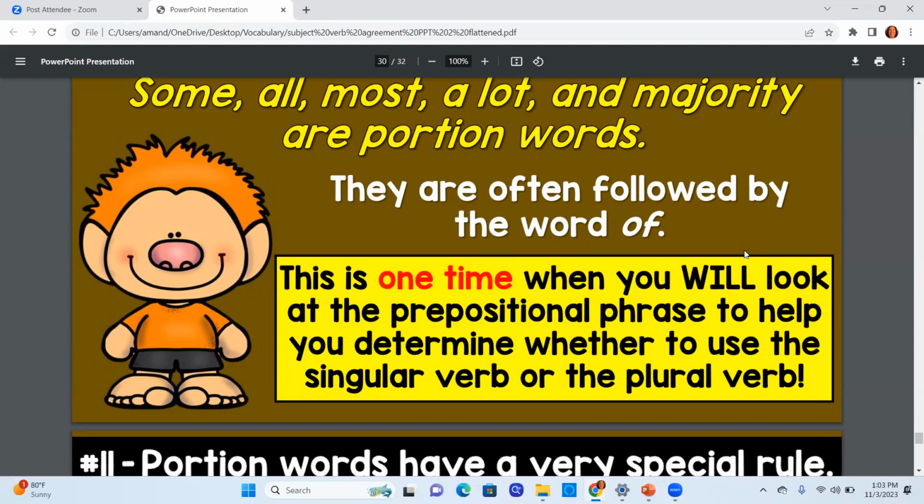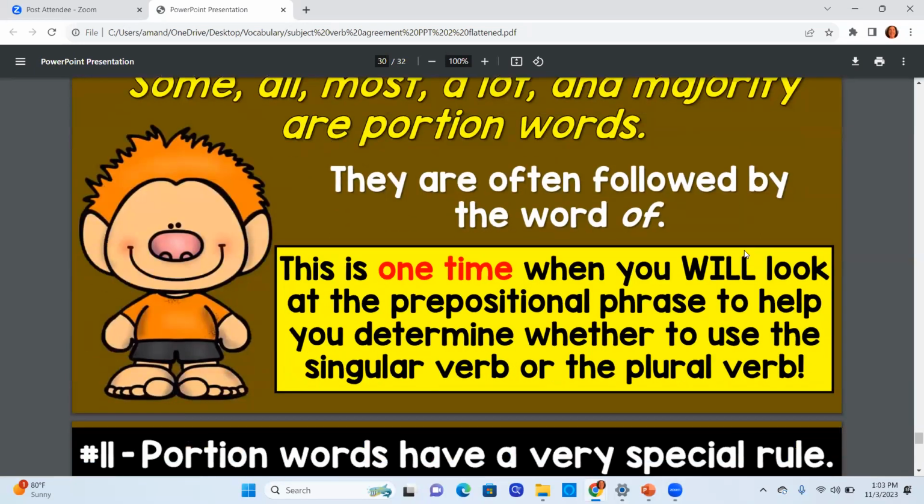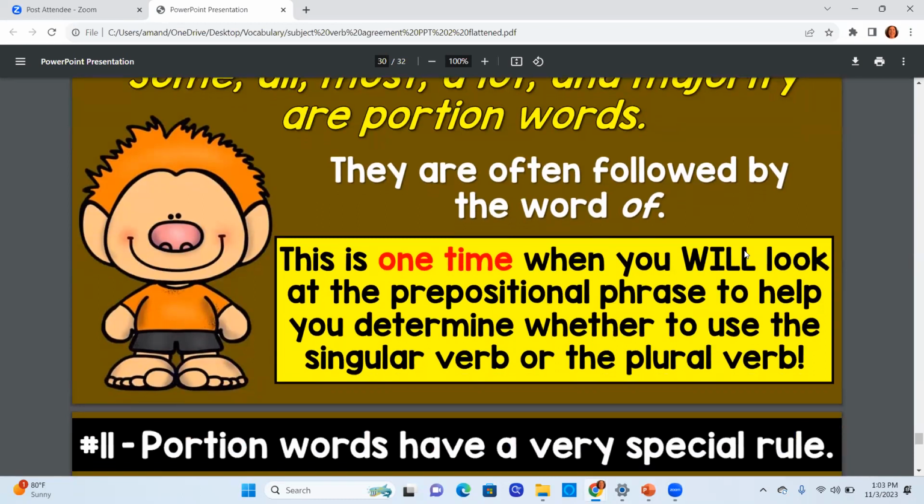This is one time when you will look at the prepositional phrases to help you determine whether you're going to use the singular verb or the plural verb. So again, before we're ignoring the prepositional phrase. However, when it comes to portion words, this is one time we're going to take a look at it.